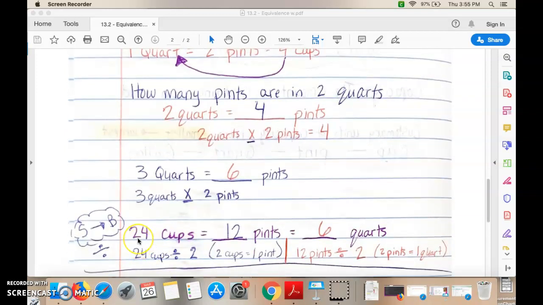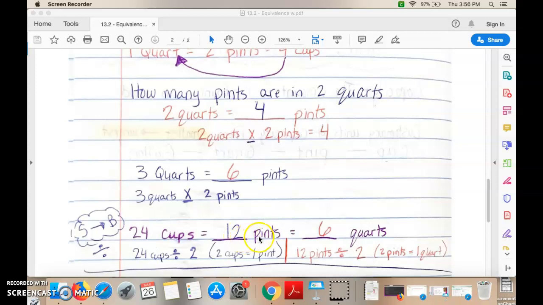Let's say I have 24 cups, and I want to convert that to pints. Well, if I look here, a cup is smaller than a pint, so I'm going from smaller to bigger. I need to divide it. Okay, so 24 cups, and I'm dividing it by 2 because there's 2 cups in every pint. So 24 divided by 2 would equal 12. 24 cups equals 12 pints.